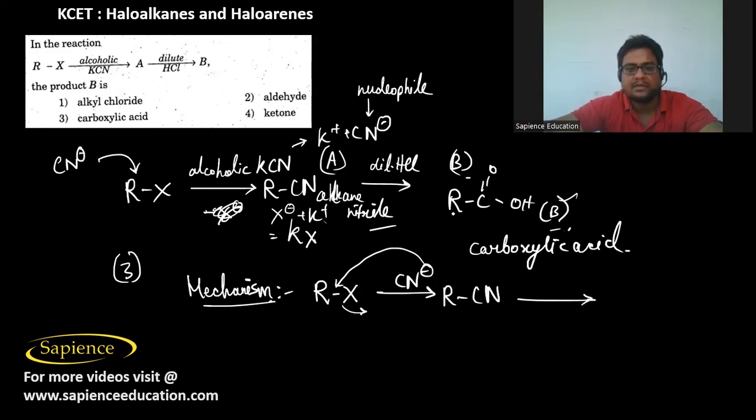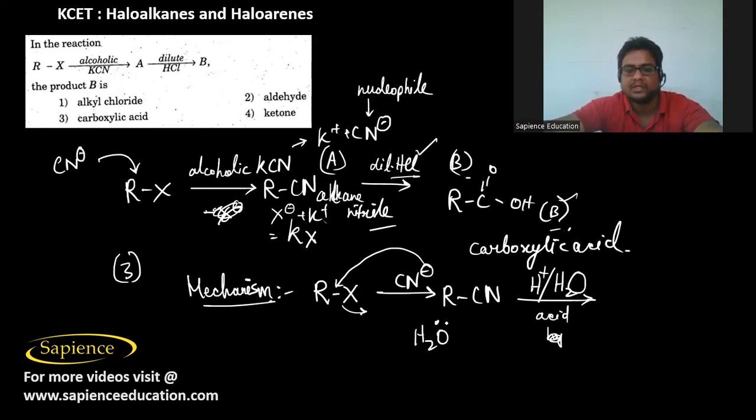Then when dilute HCl is used, an aqueous solution of an acid is being used, so it is called acid hydrolysis. Here H2O is acting as the nucleophile.